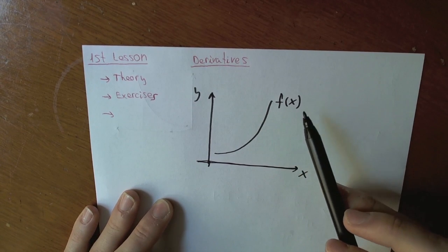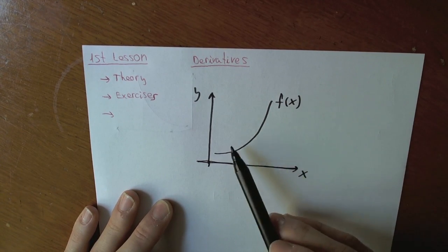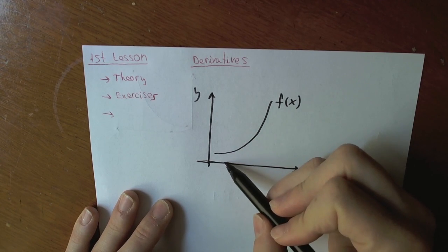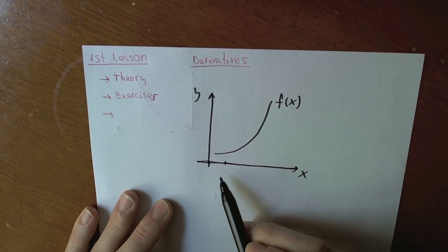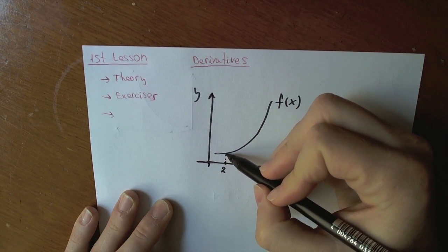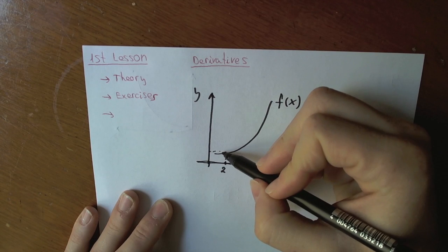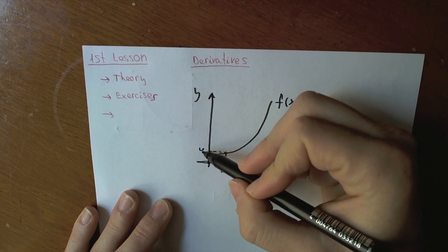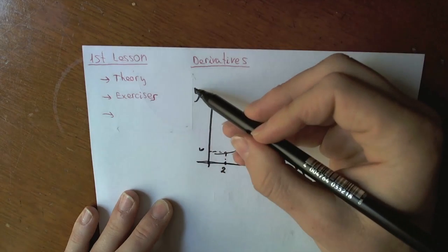The name of this function is f(x) because it depends on the value of x. For this value of x, for example 2, when x equals 2, the value of the function is this one, the value of y. The y in this case might be whatever, but this is the y.